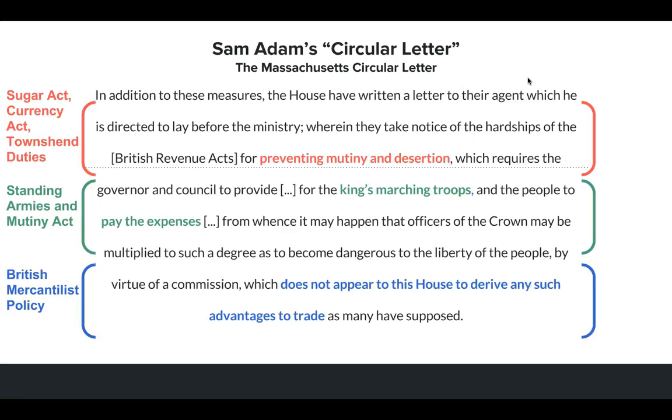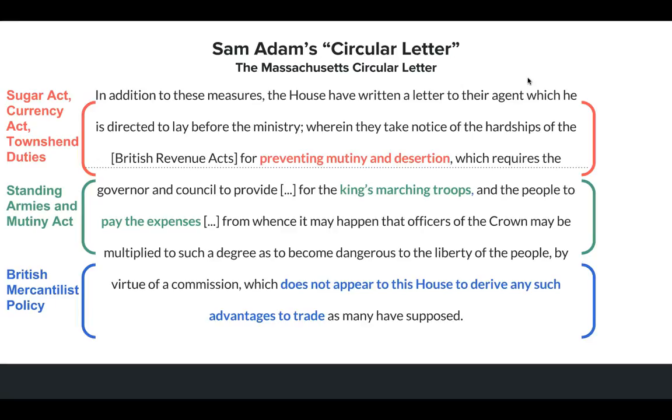And Sam Adams finally finishes this by just rehashing the fact that, yes, we understand British mercantilist policy. We understand that we are indebted to Britain because we're colonists. So he's kind of challenging here the whole idea of the Sugar Act, the Currency Act, the Townshend duties, the standing armies, the Mutiny Act: are they all really that necessary?